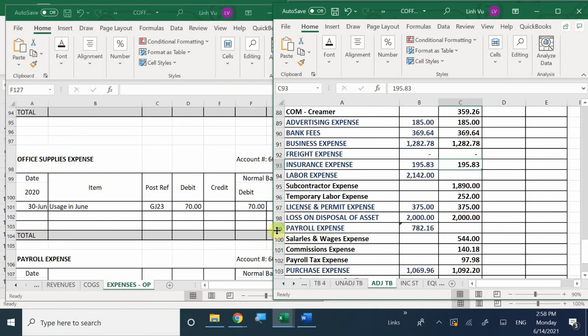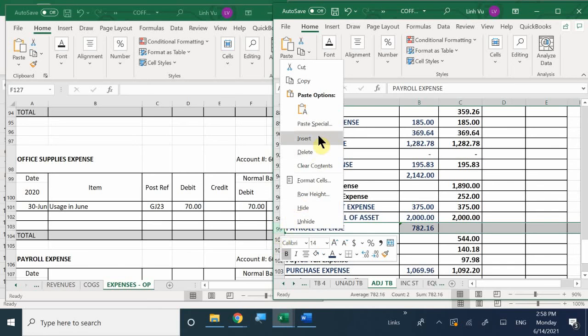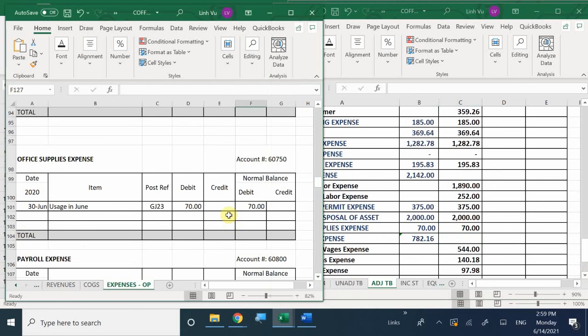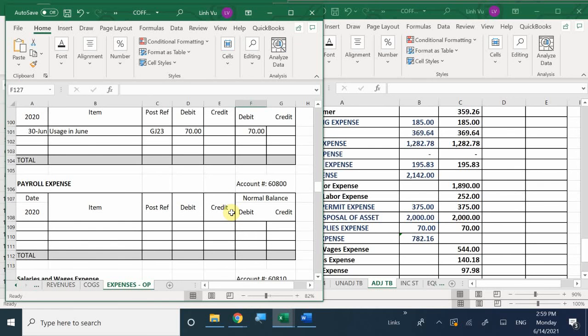Okay, $70. Next we have payroll expenses.